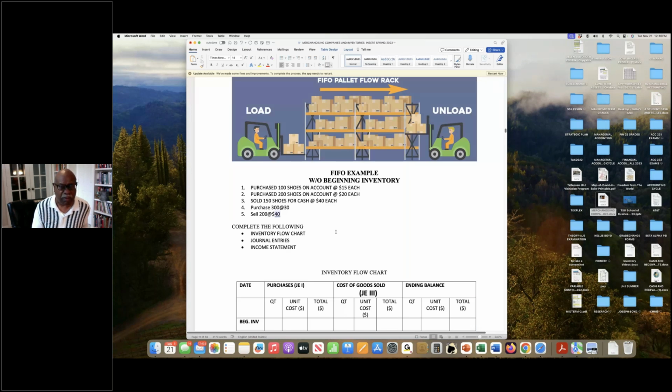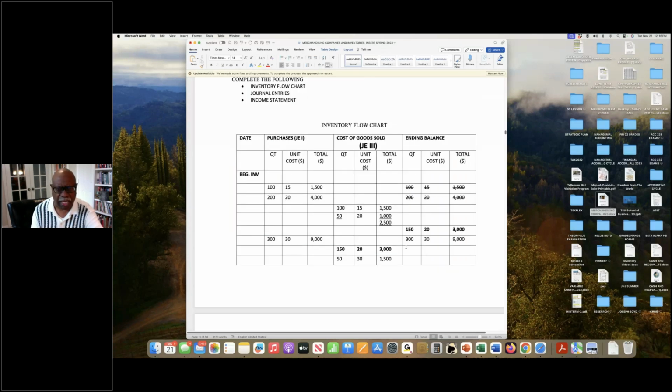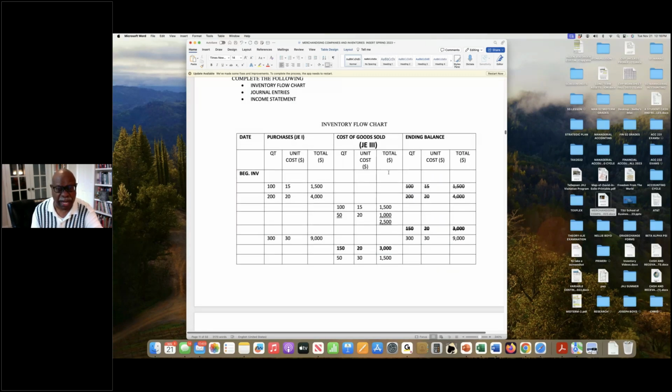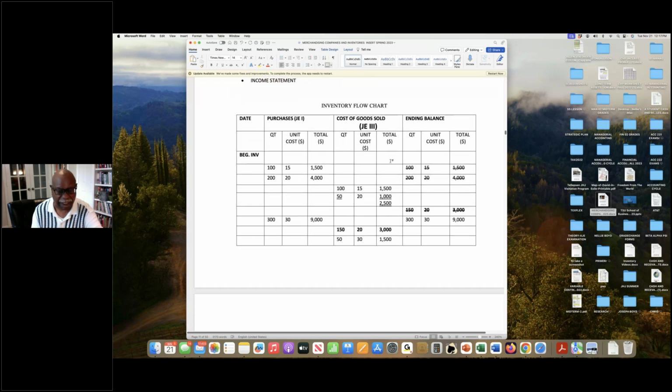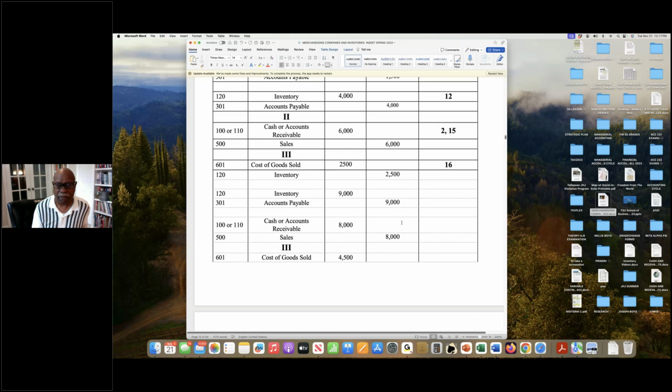So you're going to need to begin to work with that, become familiar with this inventory flow chart, and you can see why if you got that same product and you're selling it, you're going to have to just keep track of it with this flow chart. You're going to make these journal entries. Next time we'll introduce the T accounts to put those things together.